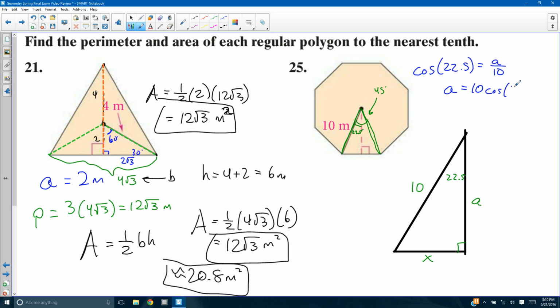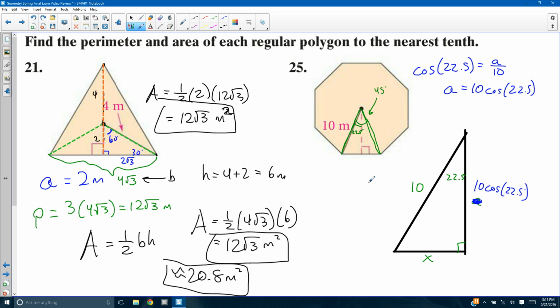Now, I dare not average or round off what this apothem value is. I'm going to keep it as 10 times the cosine of 22.5. The x value here, you could solve using Pythagorean theorem, x squared plus 10 times cosine 22.5 quantity squared equals 10 squared, but I'm going to go ahead and do another trig value again with 22.5, x, and 10.